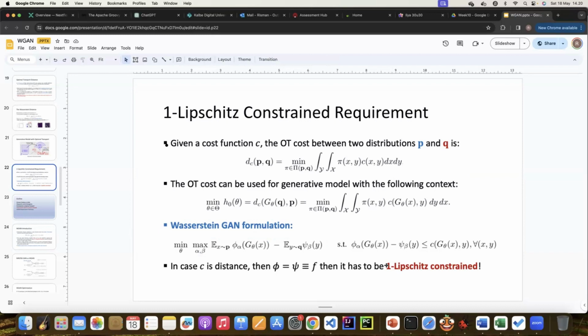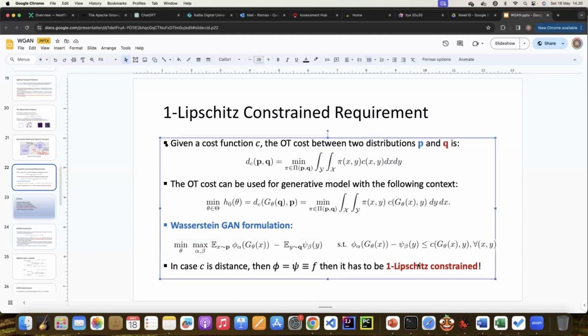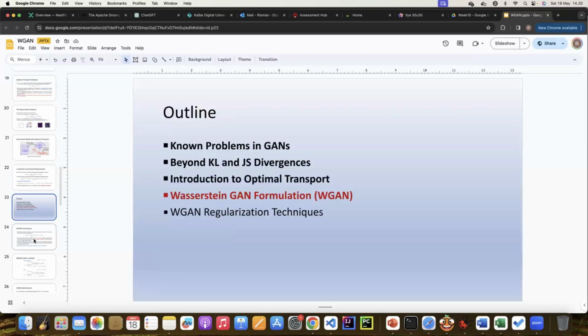What is the Lipschitz constraint in mathematics? The Lipschitz constraint is a condition to make sure that the function is continuous. So the Wasserstein formulation is defined by this with the Lipschitz constraint.